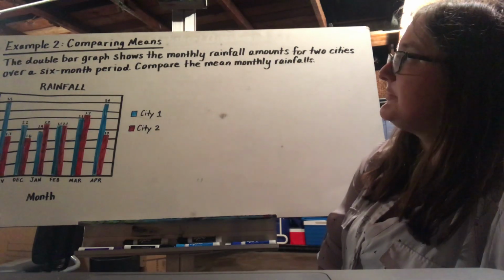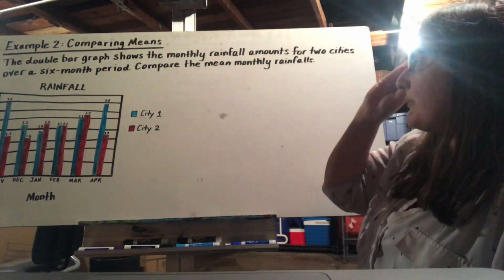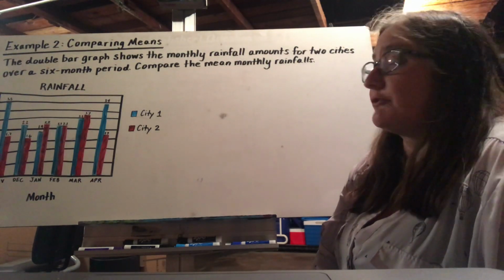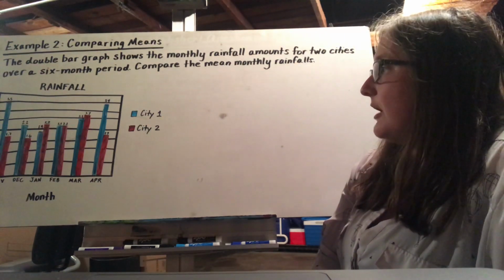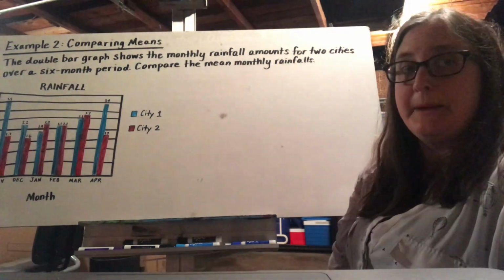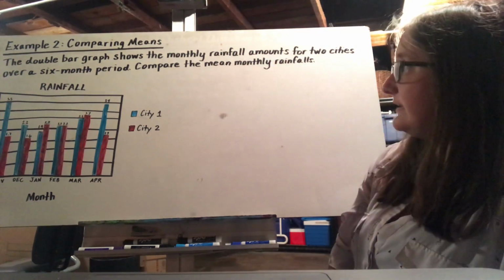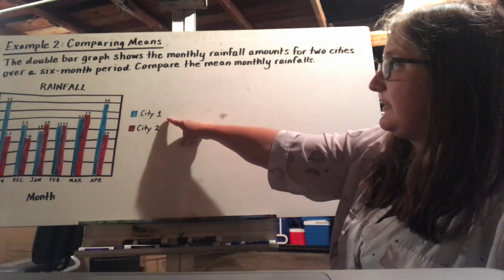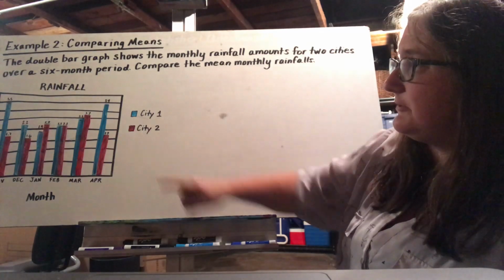In this example, we have a double bar graph which shows the monthly rainfall amounts for 2 cities over a 6-month period from November to April. And they want us to compare the mean monthly rainfalls for each city. So let's start with city number 1, which is all of the bars in blue.